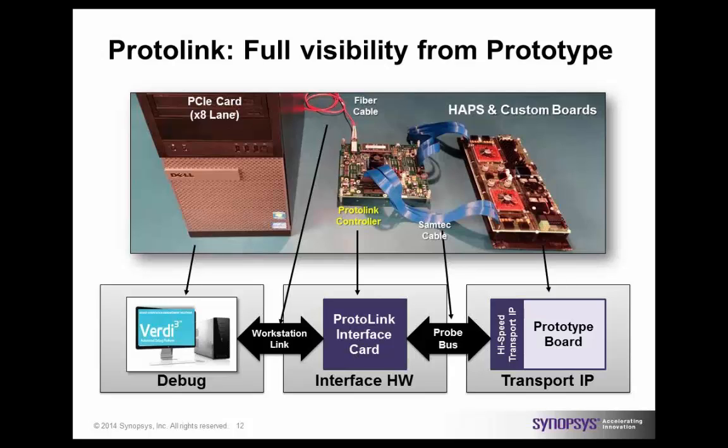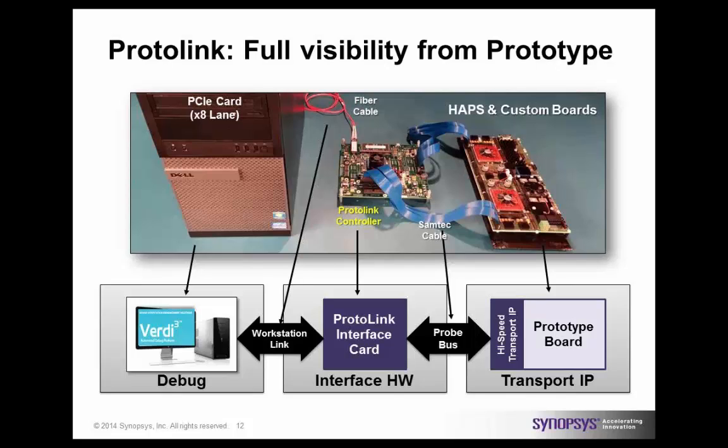The idea here is basically to take as little as less than 1% of your FPGA resources and still get higher visibility out of your designs. So you can actually get full visibility out of your board by using the Protolink part. And the idea is to get that signal data into an FSDB so that you can debug directly in Verdi.